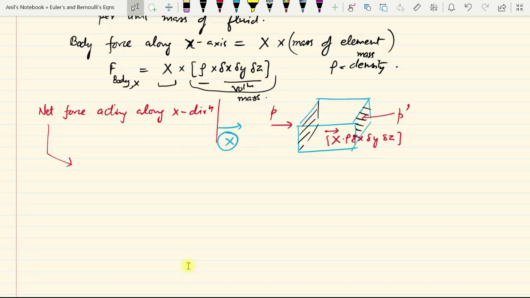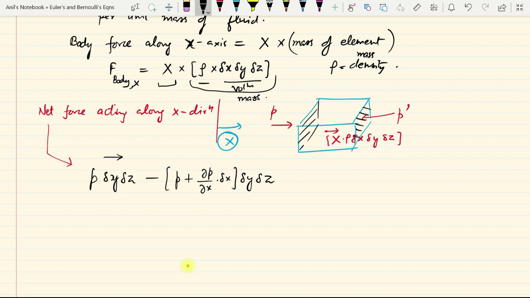The net force acting along x direction is P into delta y, delta z, acting towards right, minus P dash, which is P plus del P by del x into delta x multiplied by delta y, delta z, that has already been obtained. This is acting towards left, plus body force, which is X into rho delta x, delta y, delta z.